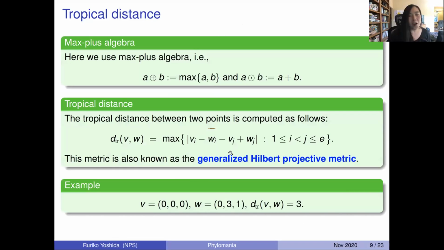If we don't deal with it over the tropical projective space, modeled by the constant vectors, this is no longer a metric. So in order to make this tropical distance a metric, I have to model by all those 1, 1, 1 vectors. Okay, this is just a note.